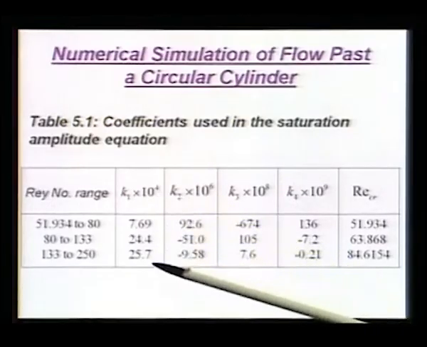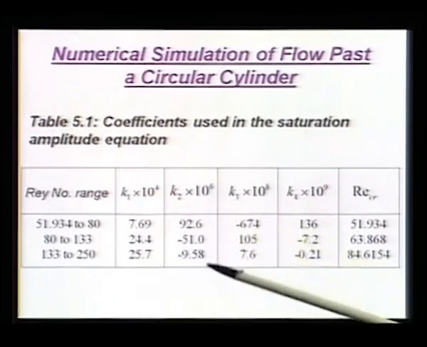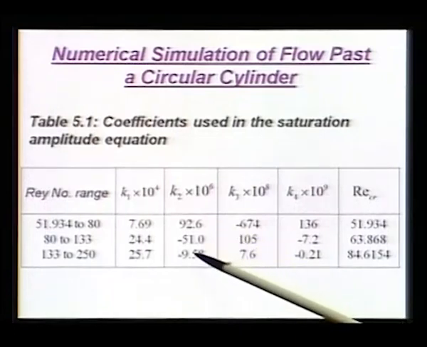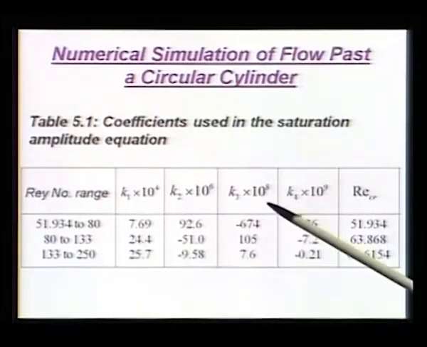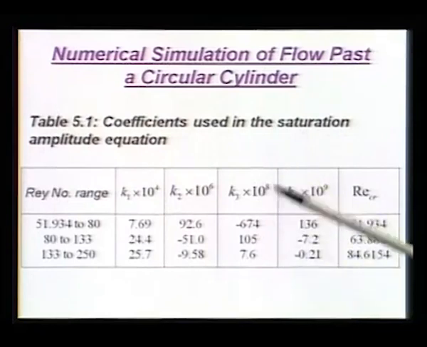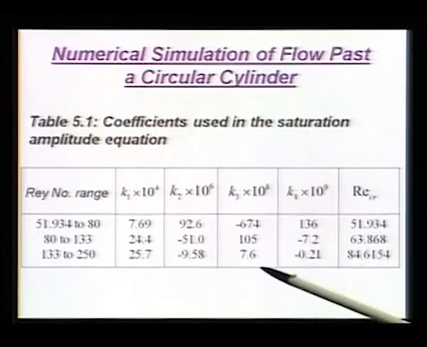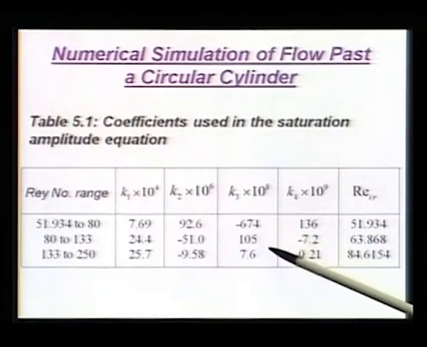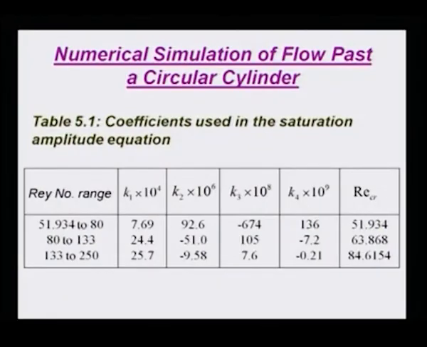K1 is in the range of 10 to the power minus 4, right, whereas K2 is in the range of 10 to the power minus 5 or minus 6, depending on which range you are looking at, and these are much lower in value. For example, this goes as 10 to the power minus 6, while this one is even smaller by 1 order of magnitude.